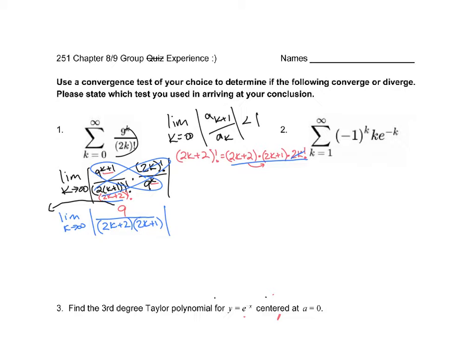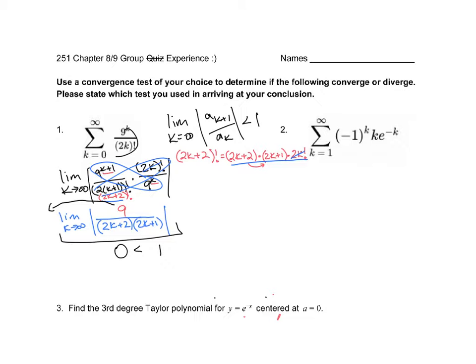But the idea is if k gets really large, this becomes kind of like 9 over infinity. And we don't usually write 9 over infinity, and you wouldn't want to leave that as an answer. But if you have 9 over infinity or any constant over infinity, that limit is going to go to 0.